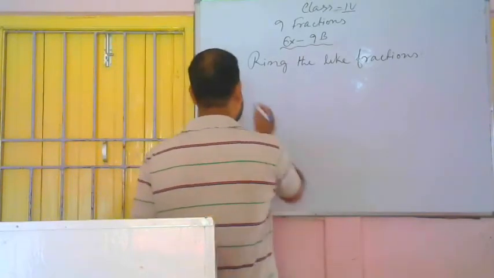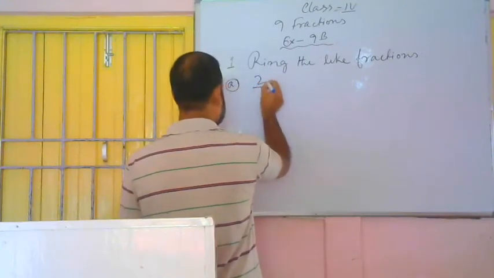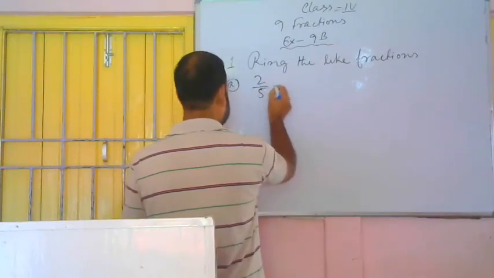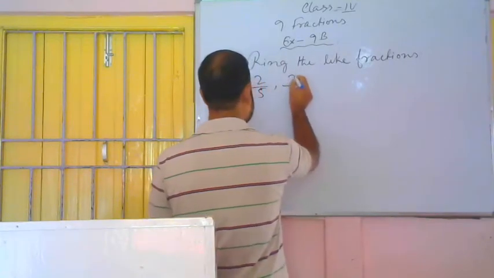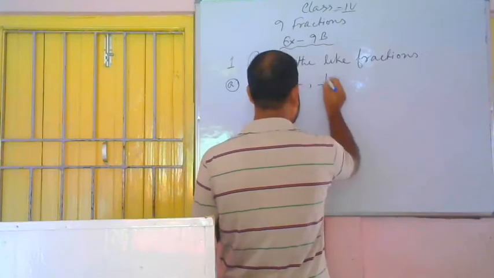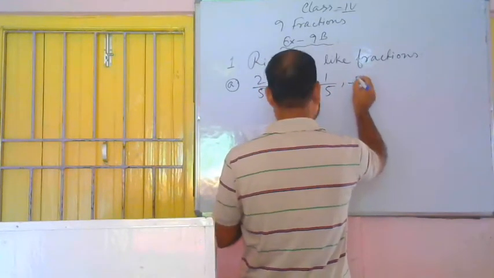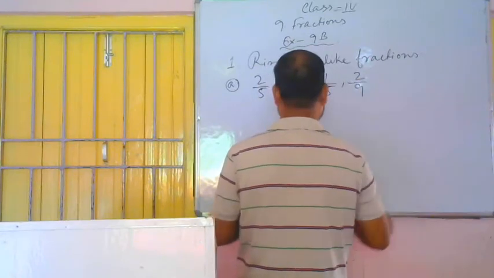So question number A: 2 by 5, 2 by 7, 1 by 5, 2 by 9.